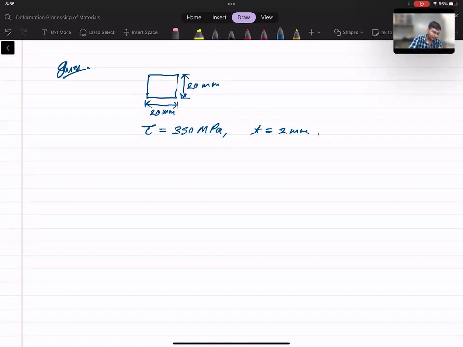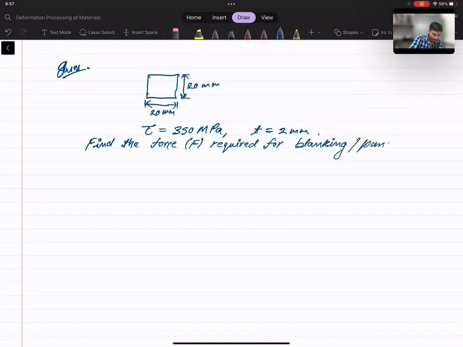So find the force F required for blanking or punching. Simply we have to substitute the values. Here the trick is to find the perimeter.